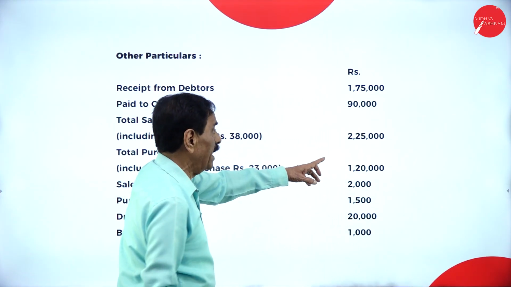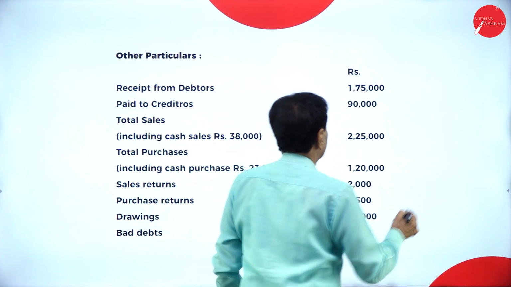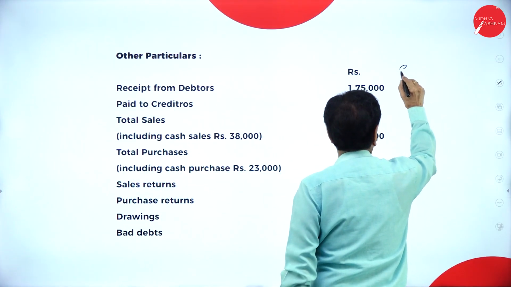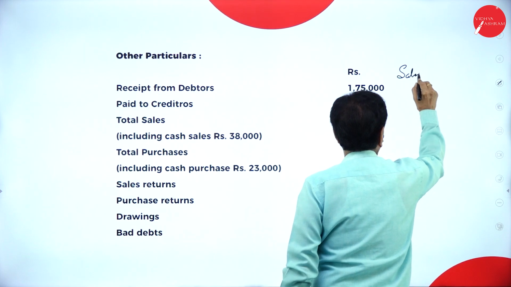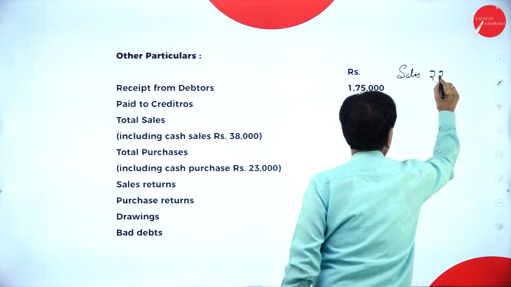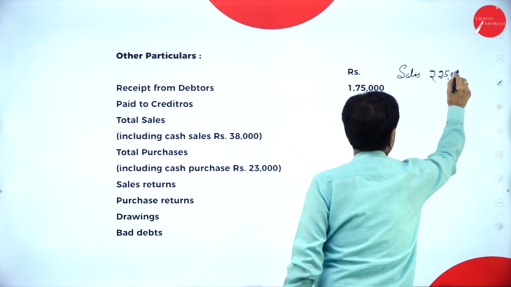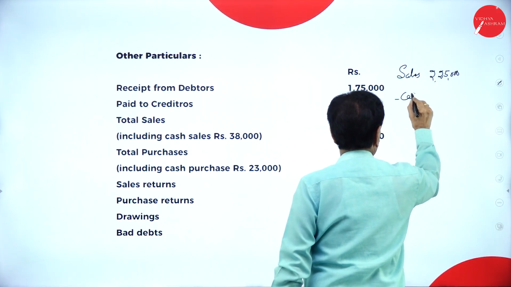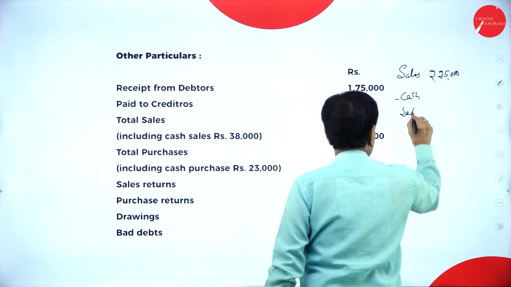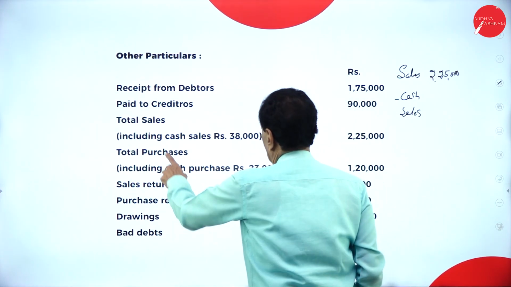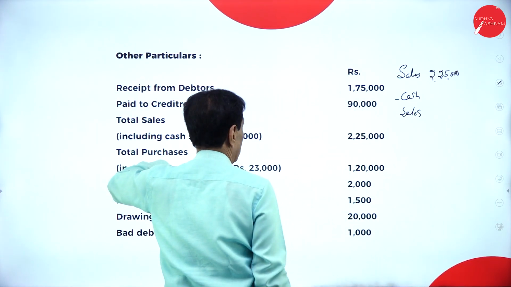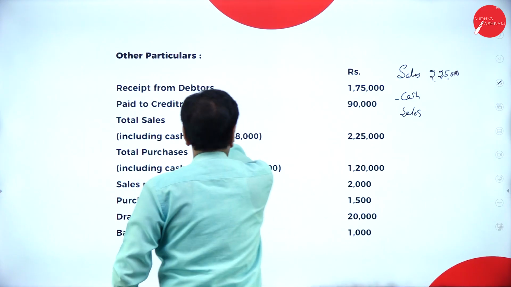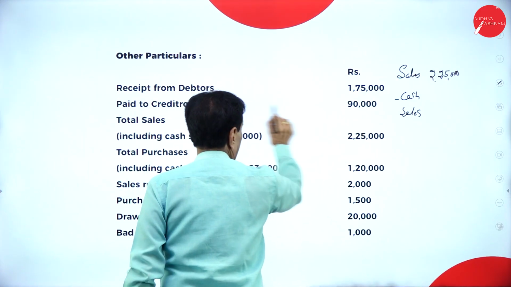What's your total sale? Sales 2,25,000, total sales here including cash here, receipt from debtor, paid to creditor.